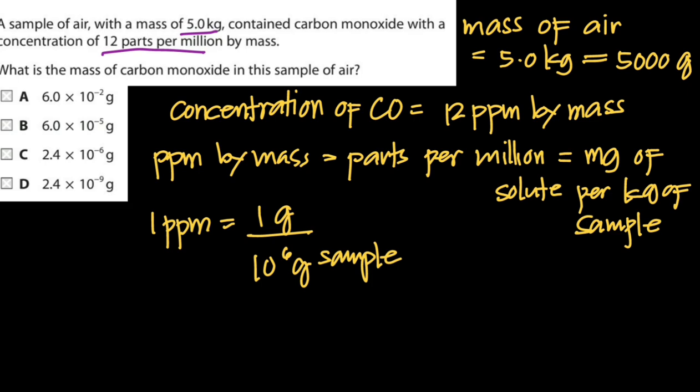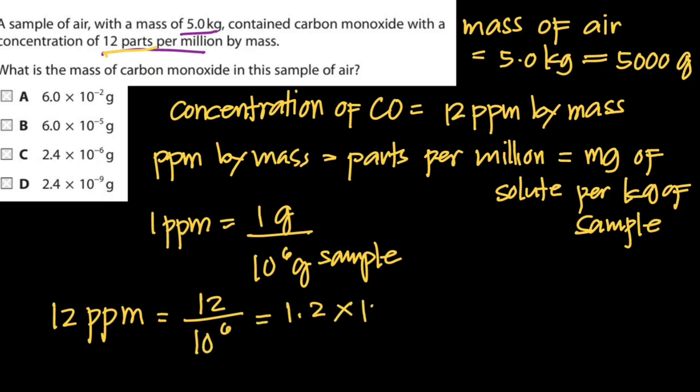All right. So now we know the parts per million concentration value of carbon monoxide. So we can get the fraction of carbon monoxide at 12 ppm, or 12 parts per million. So that means 12 parts per million is just equal to 12 per 10 to the 6, which is just equal to 1.2 times 10 to the negative 5. And this is by mass fraction. All right.